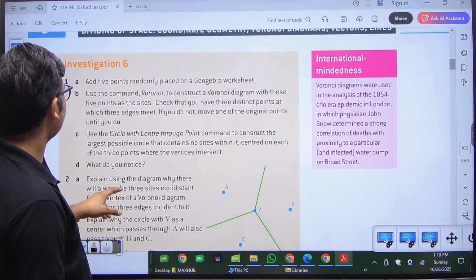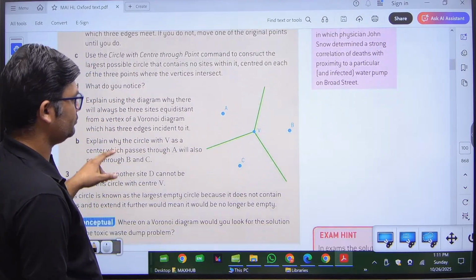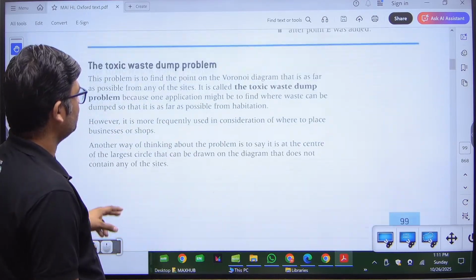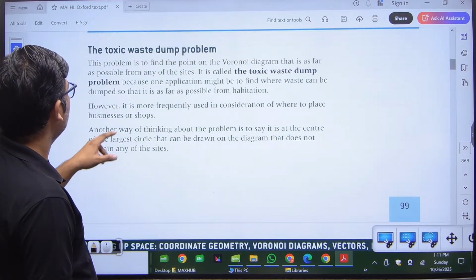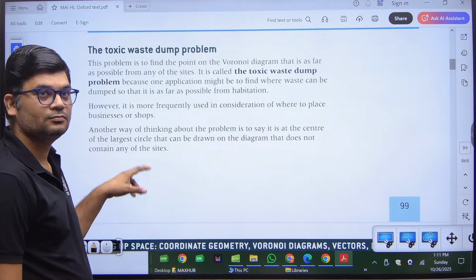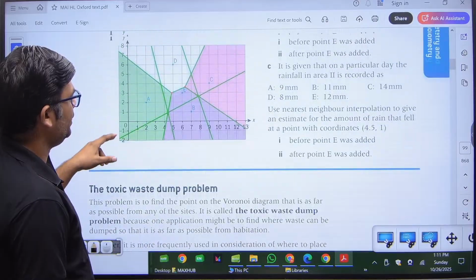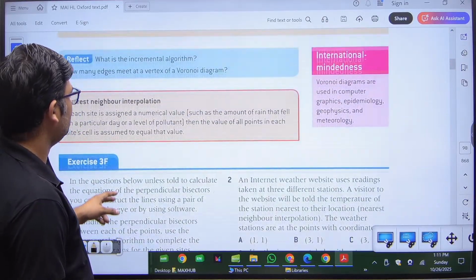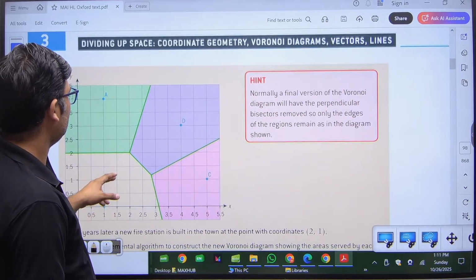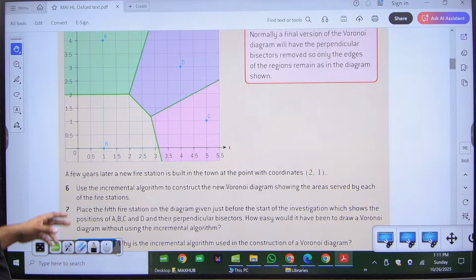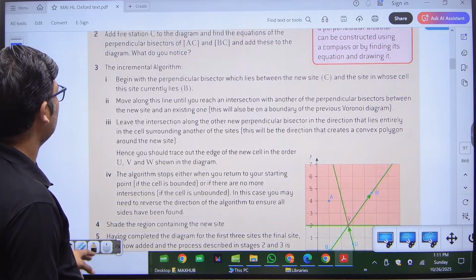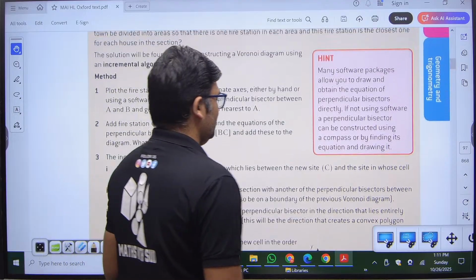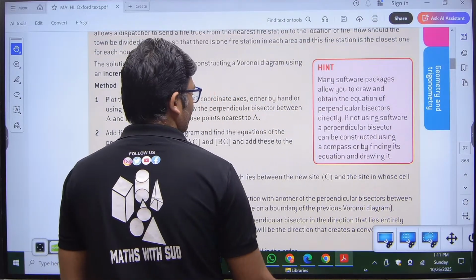This one? No, I think it's above this. I think it's on 97 itself. Can you go one page up? Yeah, we were doing this. Okay. Good one.